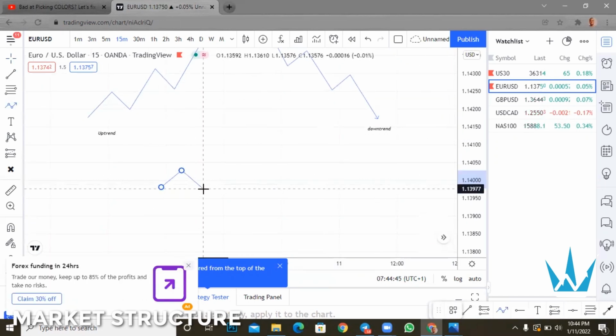And we have a range. It looks like this.